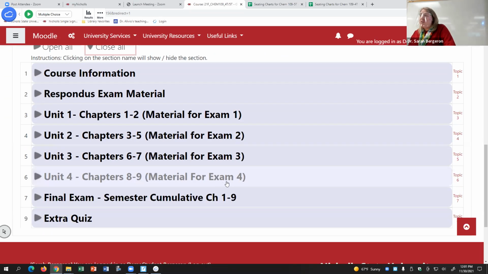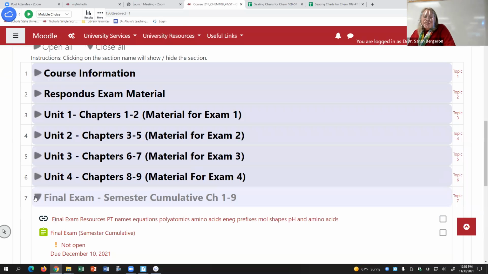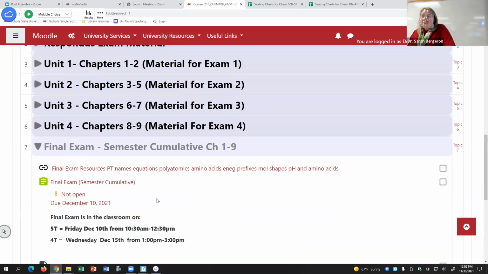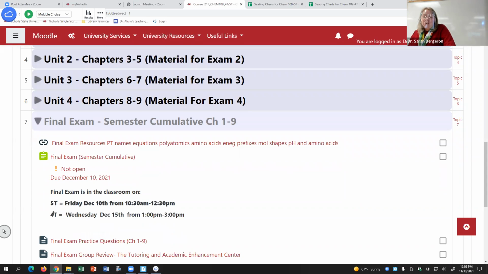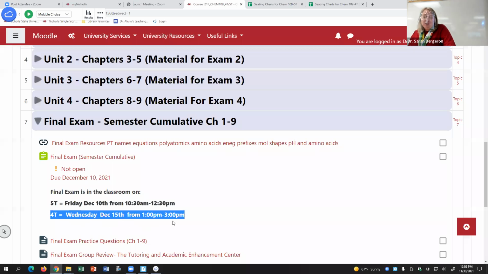We're finishing up the material for our last exam, which is when? Tuesday. So 1 week from today, Tuesday. But at the same time, you need to be thinking about the final exam, right? The final exam is different for 4T and 5T. Y'all are 4T. So 4T, it will be Wednesday, December 15th from 1 to 3 p.m.